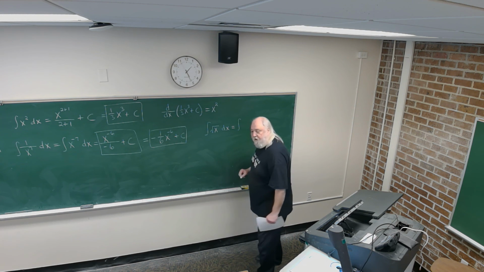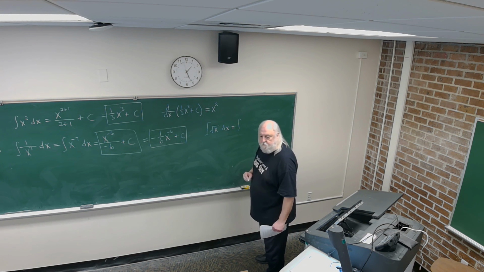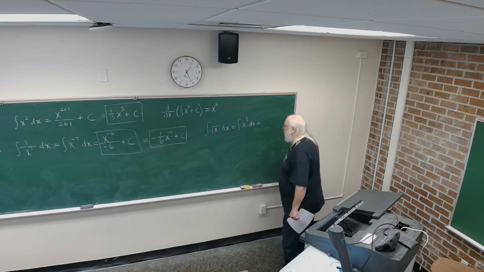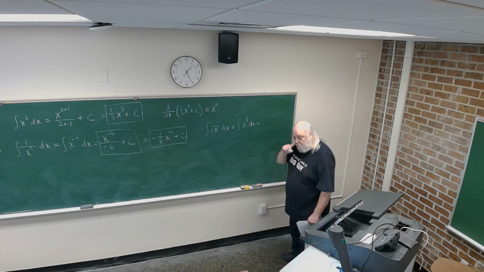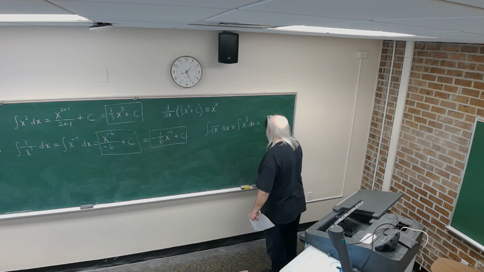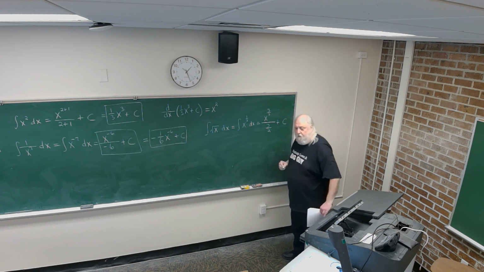And the rewritten integrand is what? x to the 1/2. And now, this is the fun part: you add 1 to the exponent. 1/2 plus 1 is 3/2. And then you divide by 3/2. And then you add the arbitrary constant c.